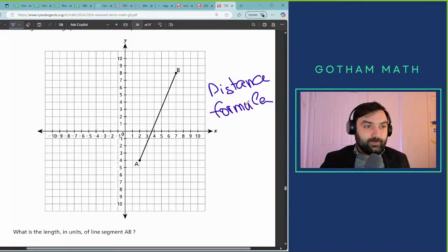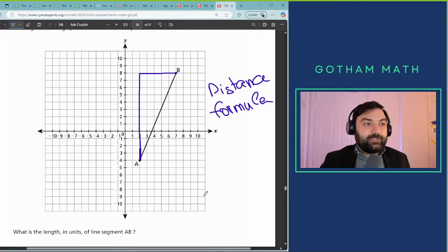Nah. So that means that we're gonna have to use something that you definitely learned, and that's called the Pythagorean theorem. How does the Pythagorean theorem work here? We're gonna create a triangle like that, and our AB is going to be the hypotenuse, right?